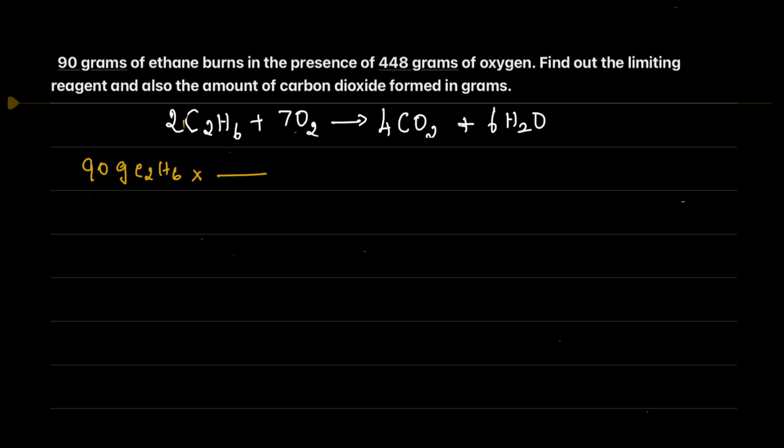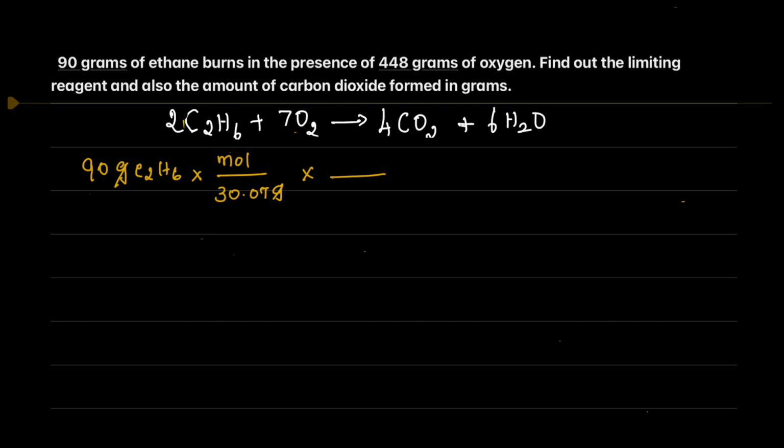Therefore, how many grams of ethane make 1 mole of it? It is 30.07 grams. Therefore, it has to go to the bottom and mole has to come to the top. We can cancel off the common terms. So, this is the number of moles of ethane.